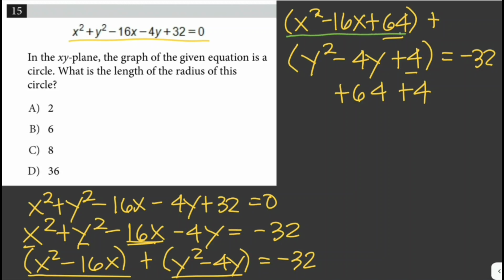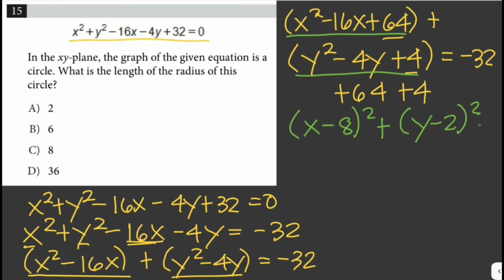Since these two expressions are the expansions of the square of a difference, we can write x squared minus 16x plus 64 as x minus 8 squared. And y squared minus 4y plus 4 we can write as y minus 2 squared.